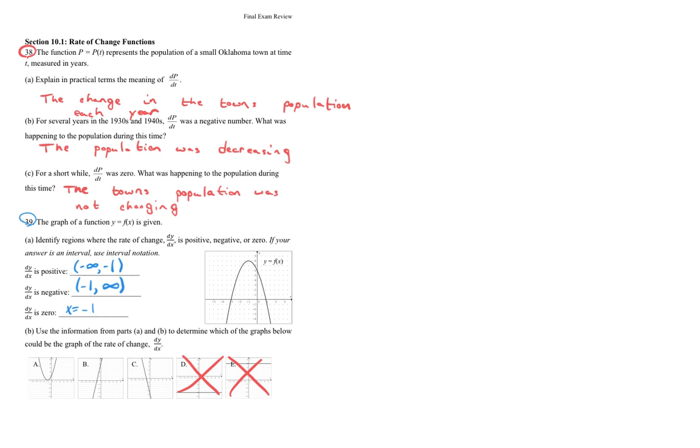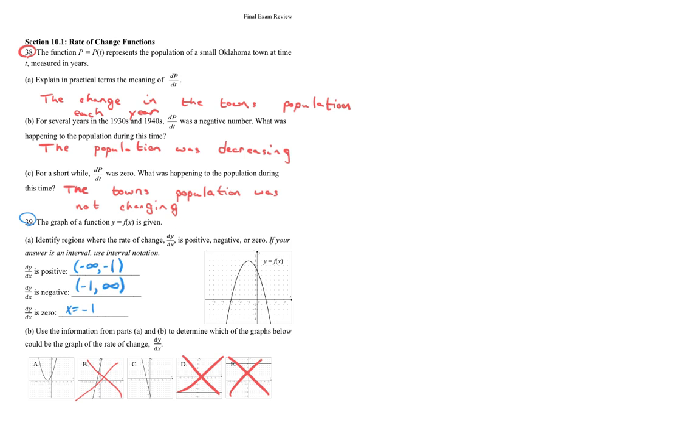So next, I know that whenever I'm to the left of this point, I should be positive. So if we look to the left of this, we're positive, so that one's good. If we look to the left of negative 1, we're negative. So this one here is out. And then if we look at C, we can see to the left of negative 1, we're on the positive height, or positive dy dx.